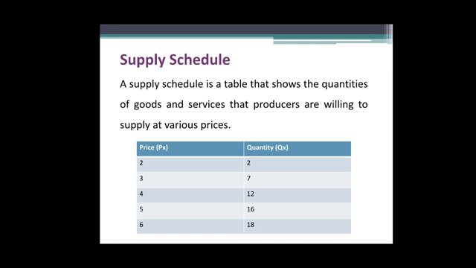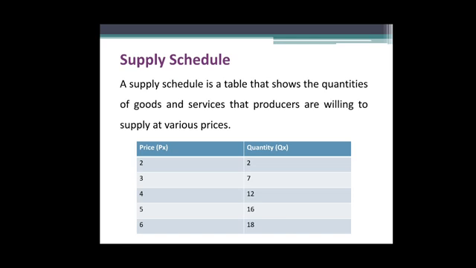Like the table given here is a supply schedule of commodity X. From this table we will see that when the price of commodity X is rupees 2, 2 units of commodity X are supplied by the producer.